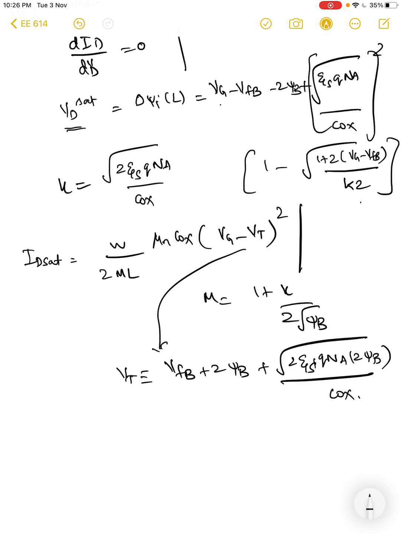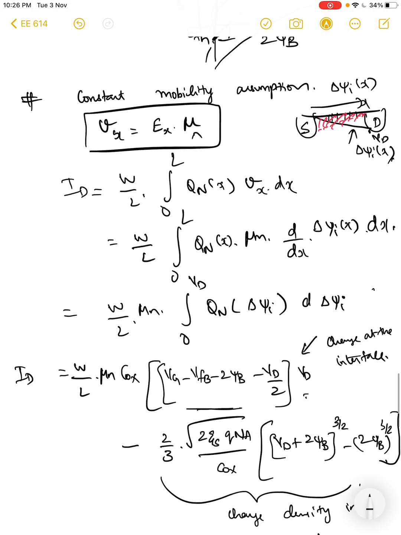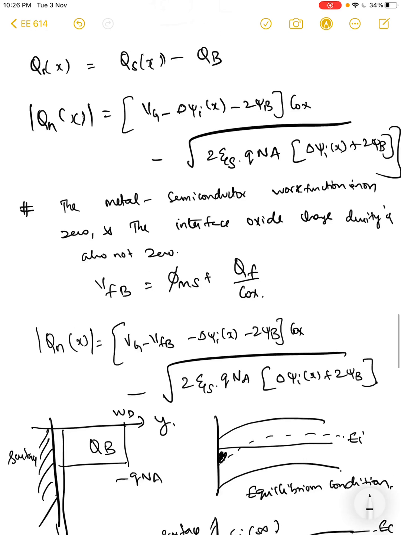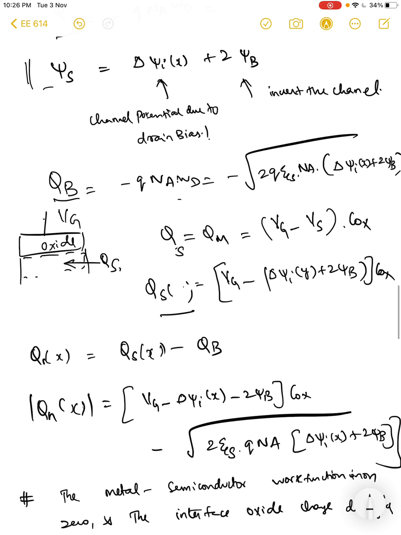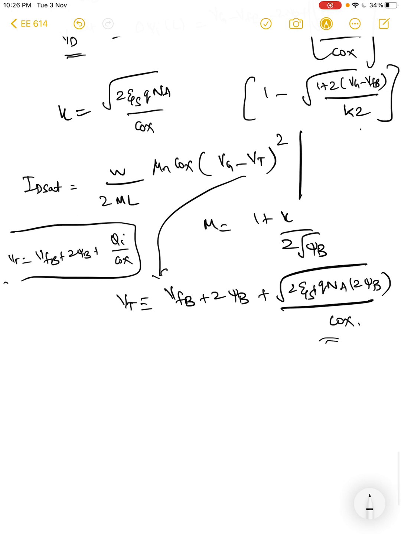At that point we had Vt written as Vfb plus 2 psi b plus q interface by Cox, and this is the total potential in the semiconductor. This comes from our actual derivation, so it is the total potential at the semiconductor, right?